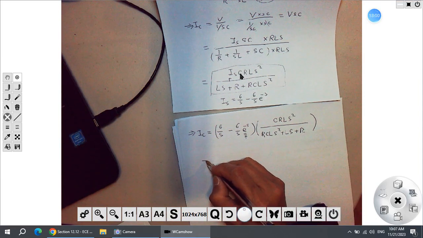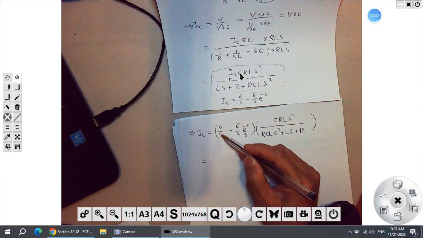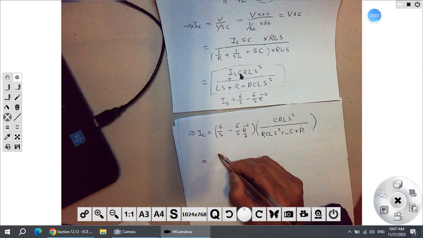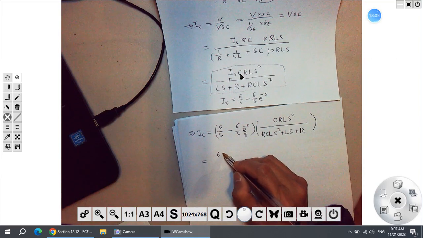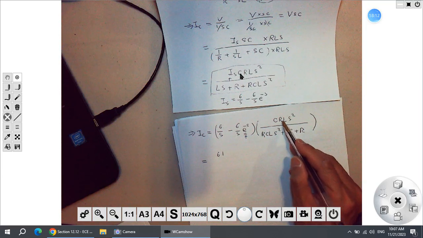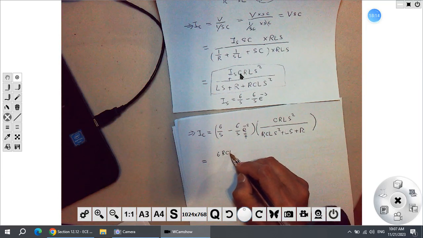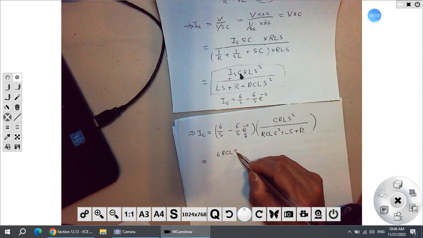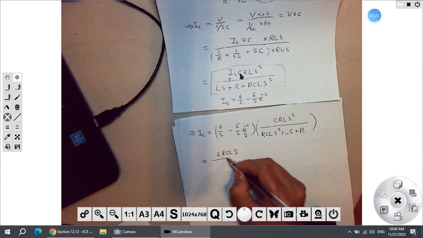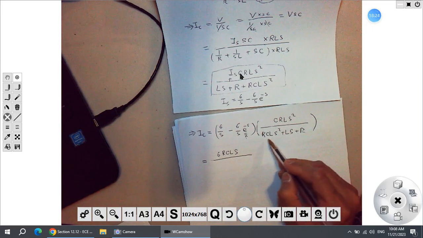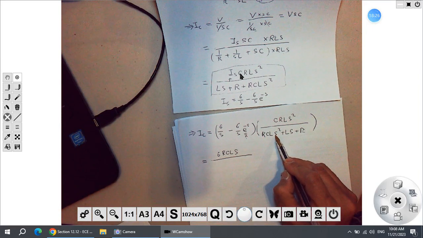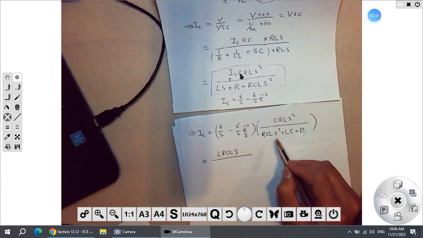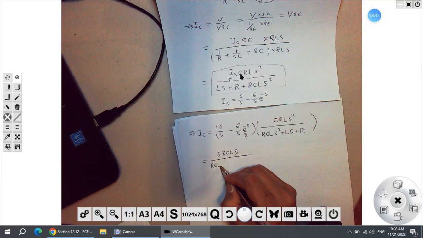After we do the simplification, I have 6 over s times this, right? So the numerator is 6 times RCL, using the same order, and s squared divided by 1 over s gives s. Then RCL, any change? This s cancels with this s squared, so we just keep RCL s squared.